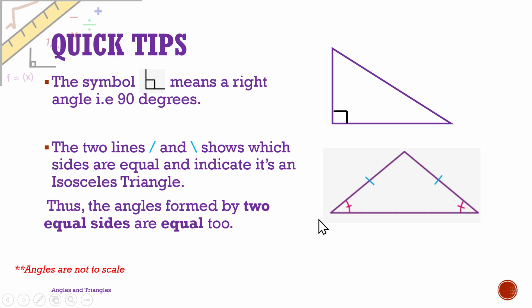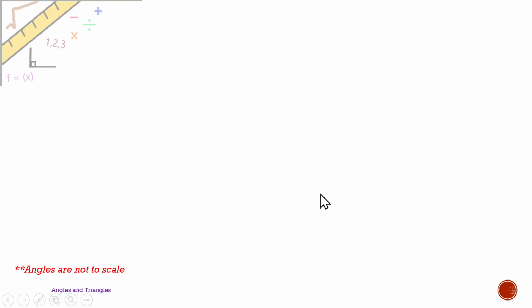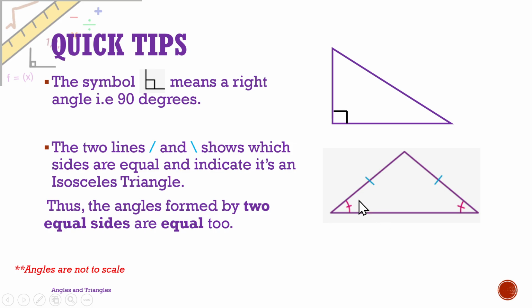That's making it an isosceles triangle. Thus, the angles formed by these equal sides are always going to be equal. This is really going to help you when you have to find a missing angle in an isosceles triangle.